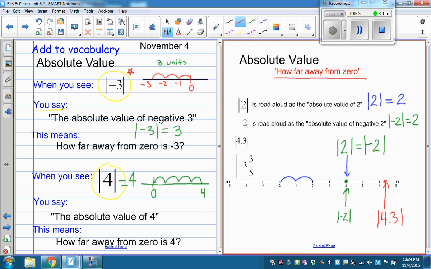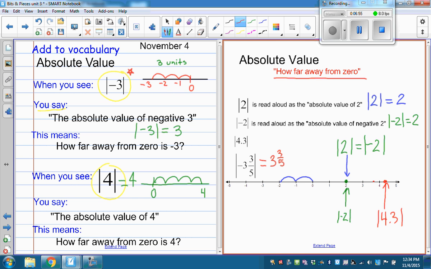And similarly, the absolute value of negative 3 3/5, that's just equal to 3 3/5. So the absolute value of negative 3 3/5 would really correspond to a point over here.